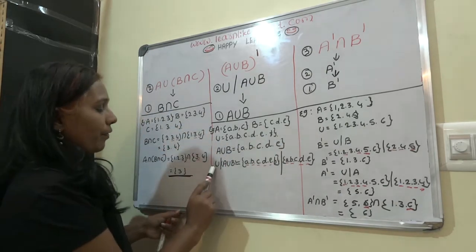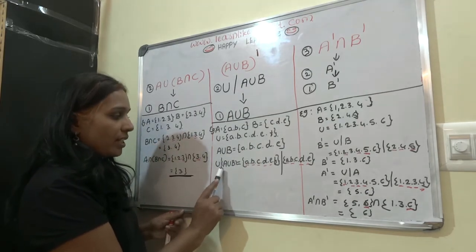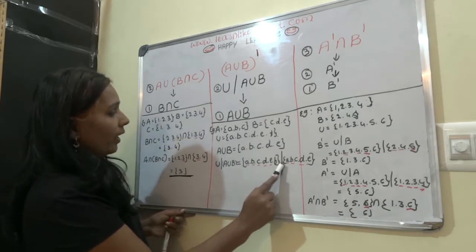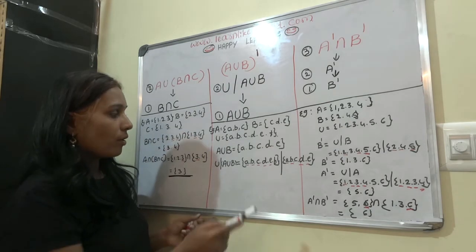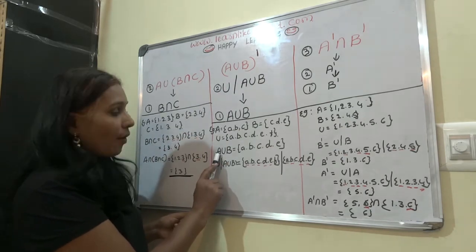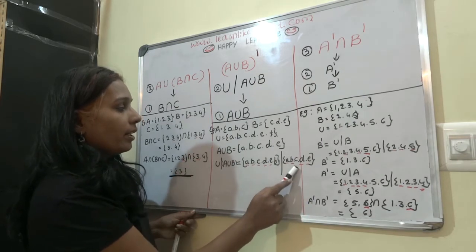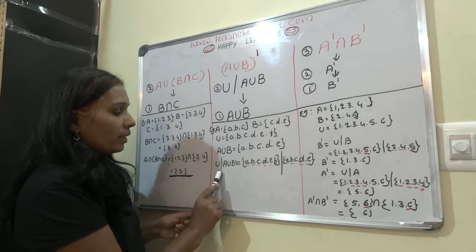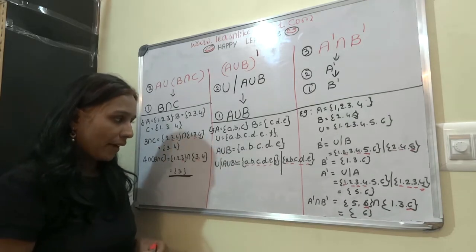Now to perform U complement or difference of A union B, write down U and write down A union B. Here you will find no problem because you have already found A union B. So as it is I will write A union B here. Okay, to perform the difference function, first let me take out the common elements.